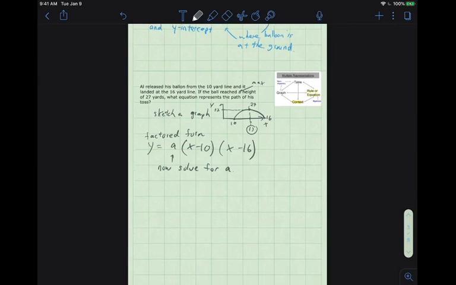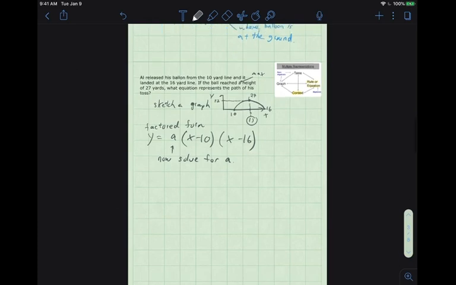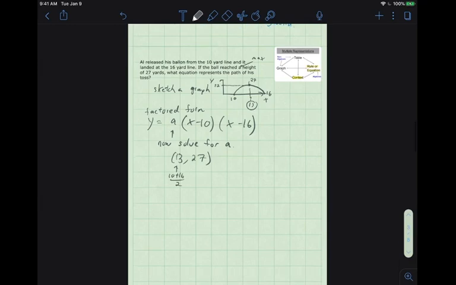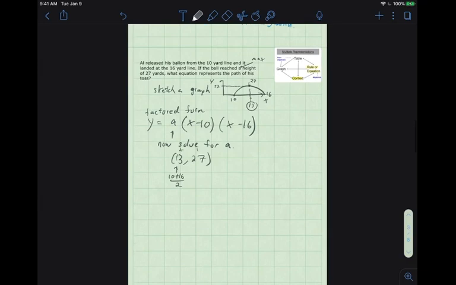If we know that the maximum here is at 13, 27. 13 came from 10 plus 16 over 2. Right, this is now our point, x, y. This is our max, or vertex.